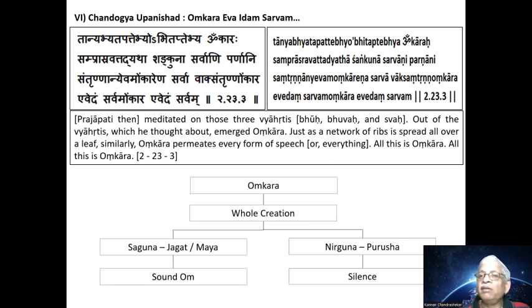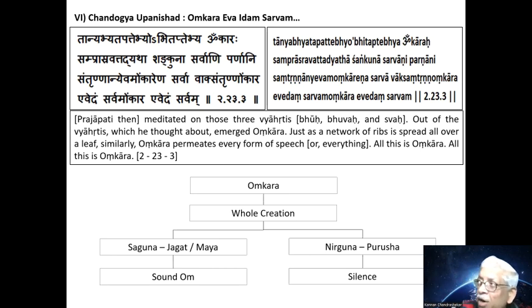Like what? Like in a leaf, if you look very carefully, there are ribs, there are different lines. Those ribs permeate the whole leaf. Similarly, Omkara permeates every form of speech.